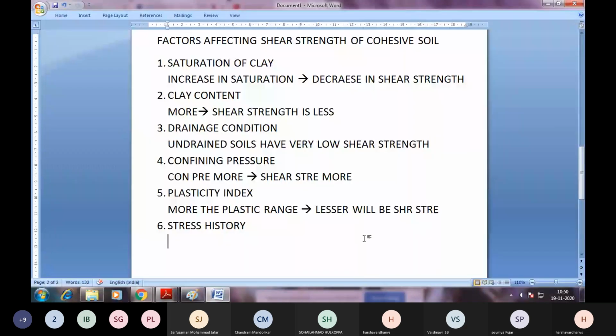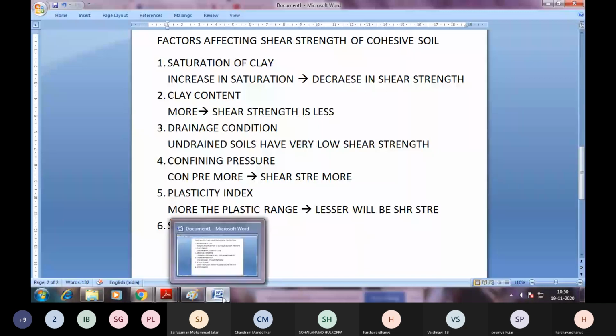So these are today's topics. I'll just quickly revise sensitivity and thixotropy. Sensitivity: there is remolding of clay, and because of this there is loss of strength, and the ratio of strength of undisturbed soil divided by strength of remolded soil is called sensitivity.